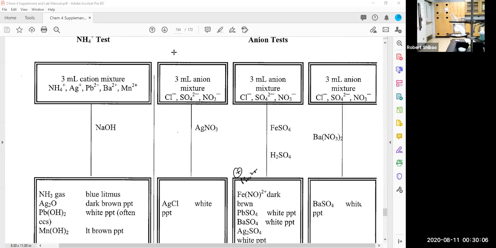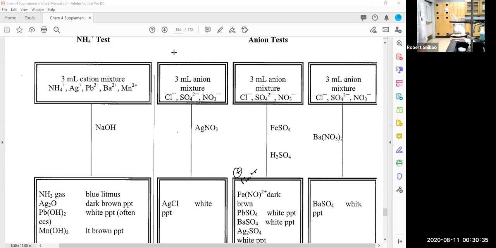And so I need to label the test tube B here for unknown B. I don't have any labeling tape, but I'm just going to write B on here. And then I'm going to have a pipette for B here.